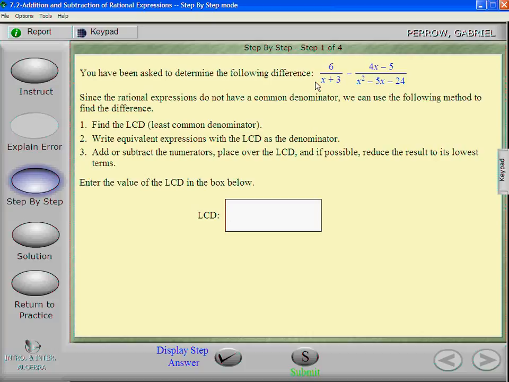I've got one x plus 3, and I've got an x minus 8 in this one, so this one will need that. So we're going to type in x squared minus 5x minus 24, because I know contained in that is x plus 3 and x minus 8, those two factors.